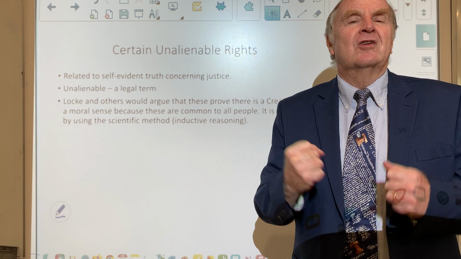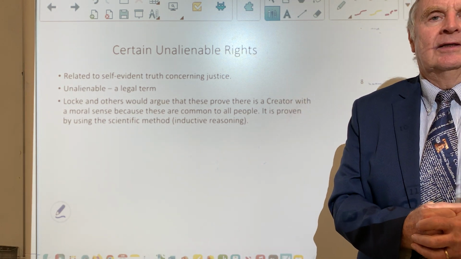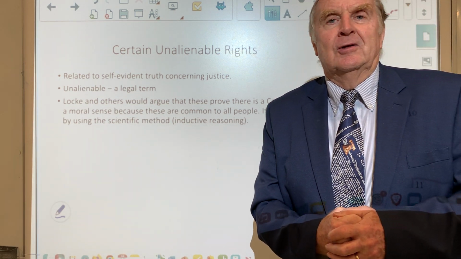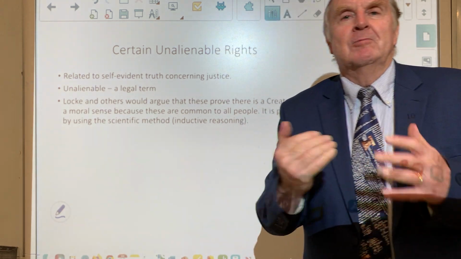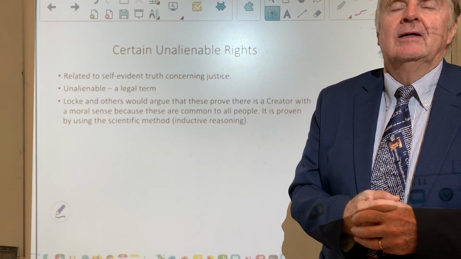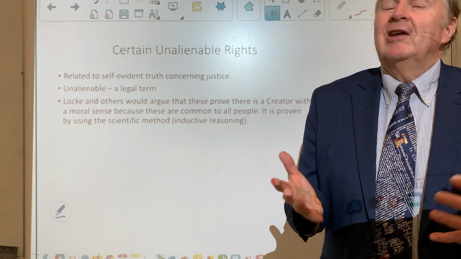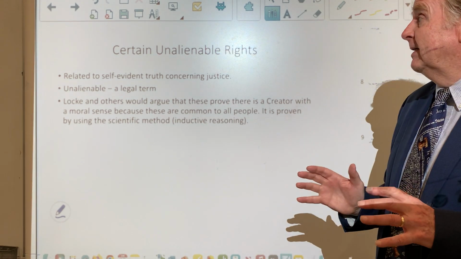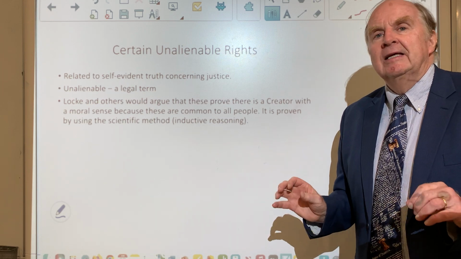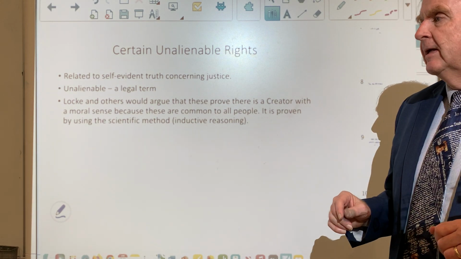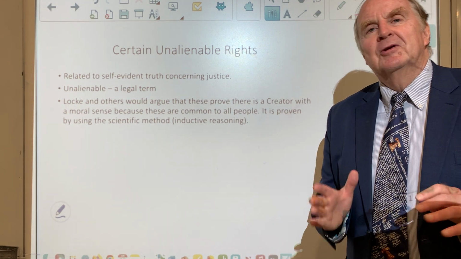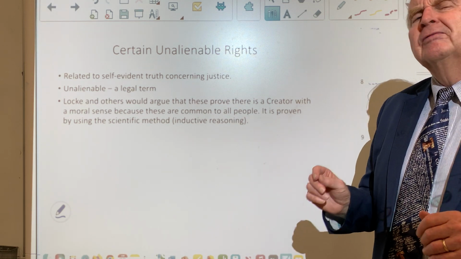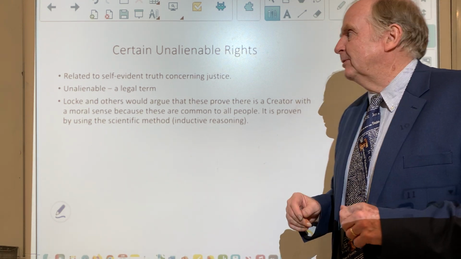And even if somebody forces us to do something that we understand is unjust, we still have that sense: this isn't right, this isn't fair. It is a legal term. In fact, you can look it up in a legal dictionary, there's a difference between inalienable and unalienable.